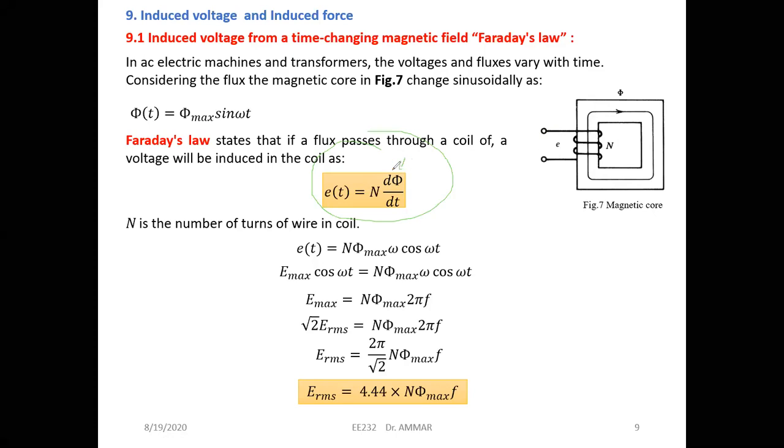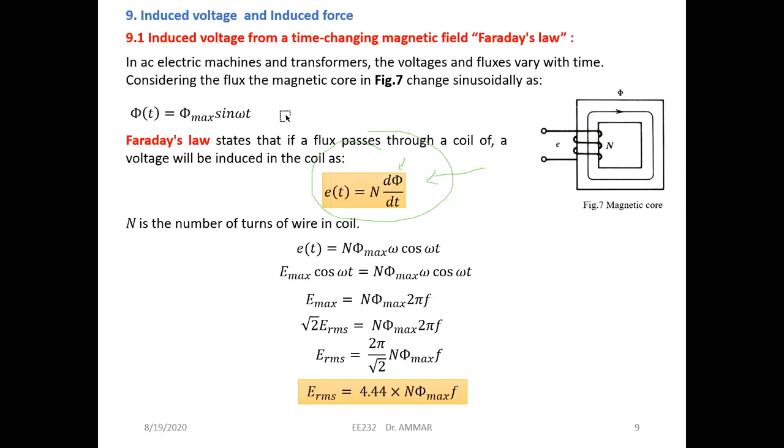That's why the transformer is used only for AC voltage and AC currents. The transformer cannot be used for DC voltage and DC currents. I can ask you another time, inshallah, why we cannot use a transformer in case of DC. It's because of Faraday's law.